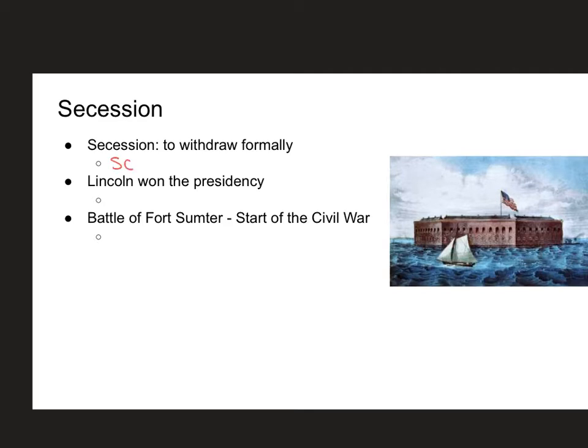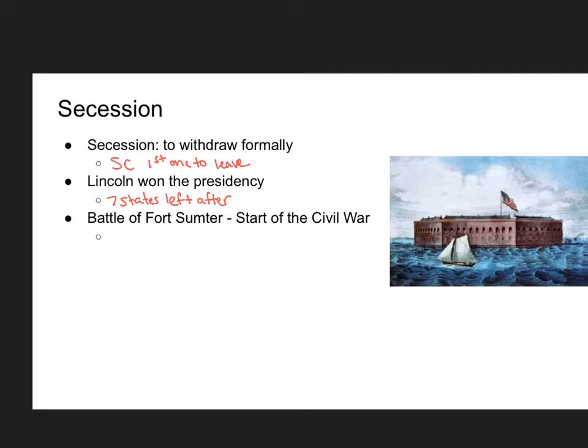South Carolina was the first to secede. However, once Lincoln won the presidency, another 7 states seceded after. And this led us to the Battle of Fort Sumter.